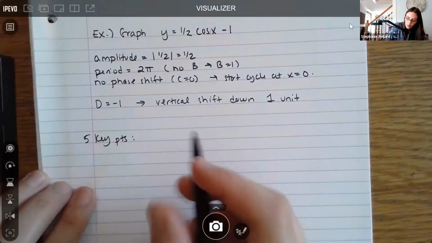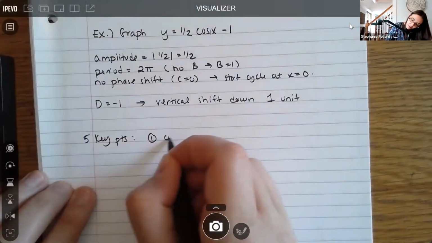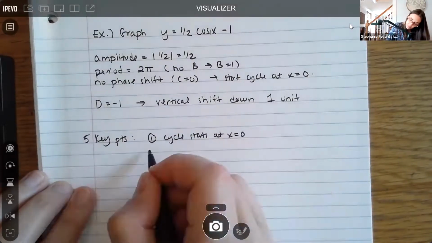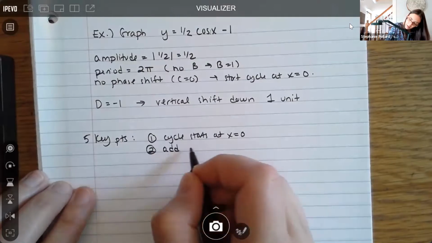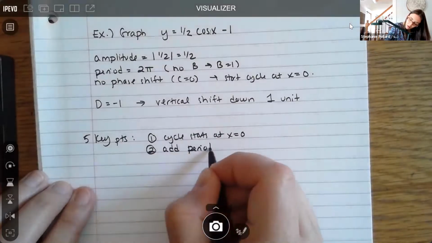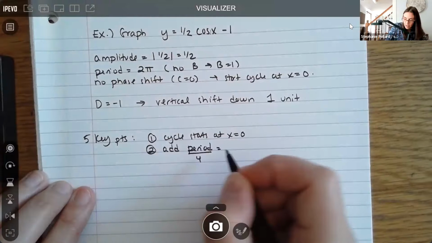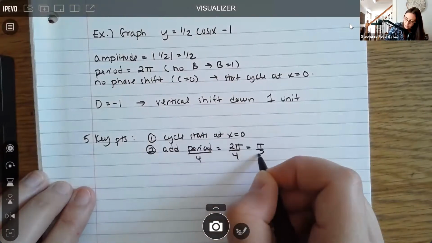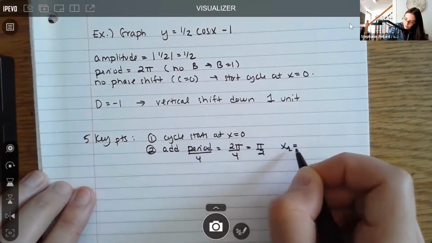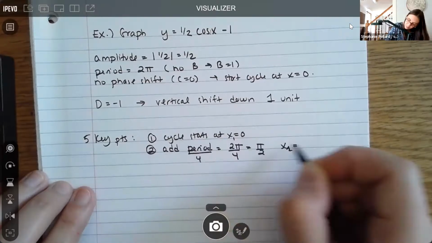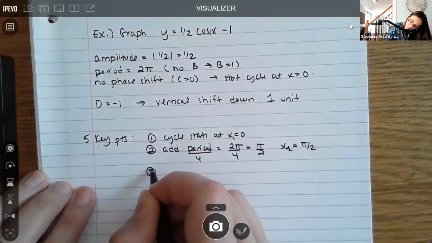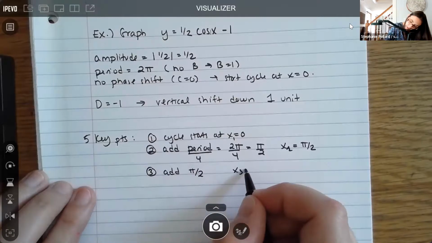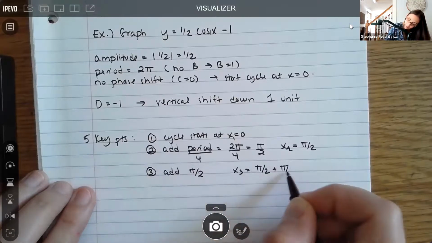So my first one is my cycle starts at x equals 0 here because there's no phase shift. And then remember, we add the period over 4. So our period is 2 pi, and divided by 4, we have pi over 2. So our second value is going to be pi over 2. We're going to add pi over 2 again, and we get pi.